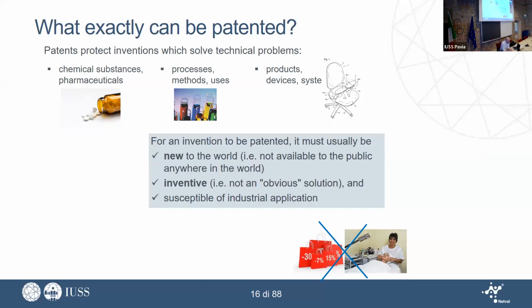New to the world means that there should have been no previous public disclosure of the invention before the date of the filing. The inventive step is the real problem of the invention because it's quite difficult to assess.